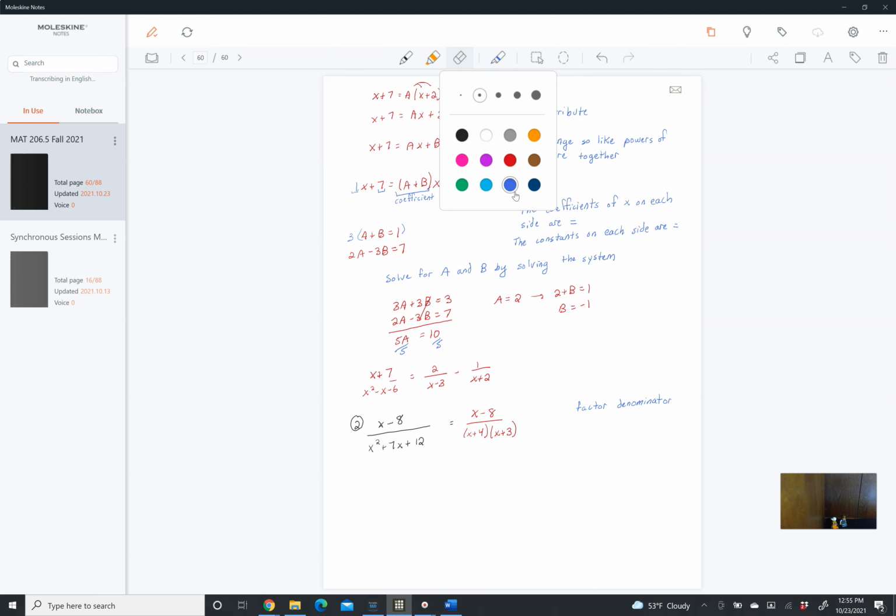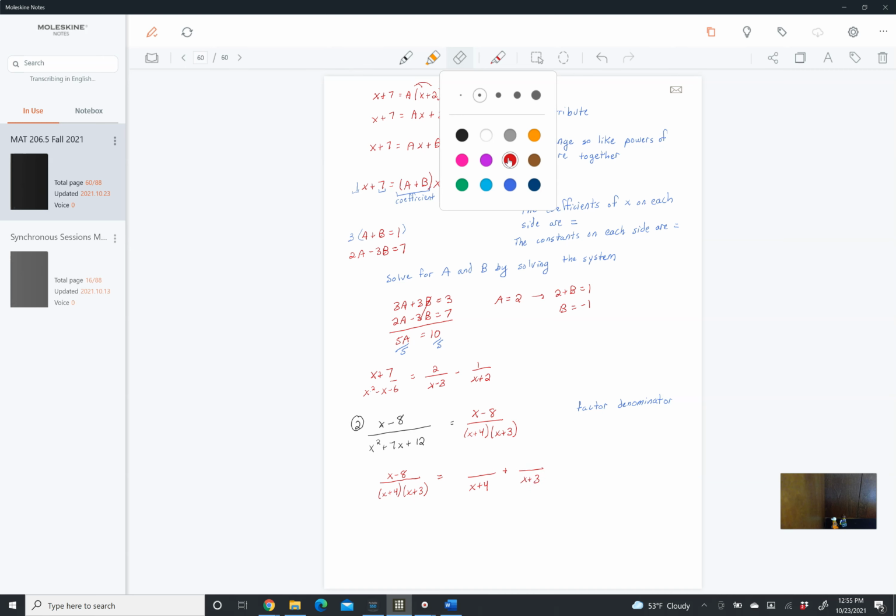So our next step is to write our fractions. So we have x minus 8 over x plus 4, x plus 3. We're going to write this as two fractions, one for the x plus 4 and one for the x plus 3.